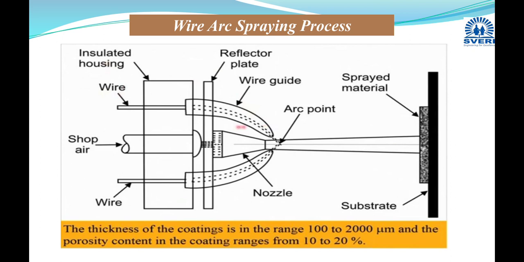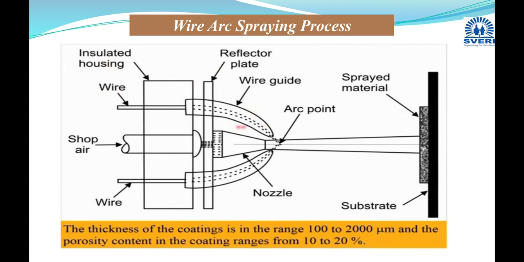If you quickly go through the typical variations in this arc spray deposition, the first is the rate at which you are feeding the wire for the arc generation. It has to be optimized, because if the wire feeding rate is higher than the rate at which it is consumed, then no arc will be generated there.